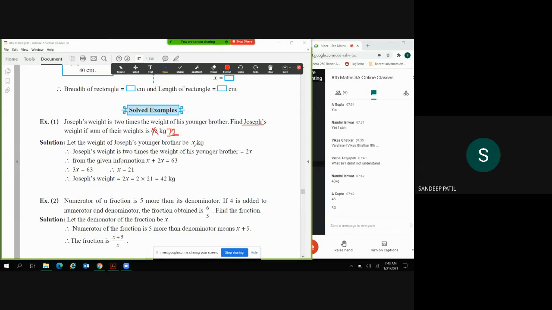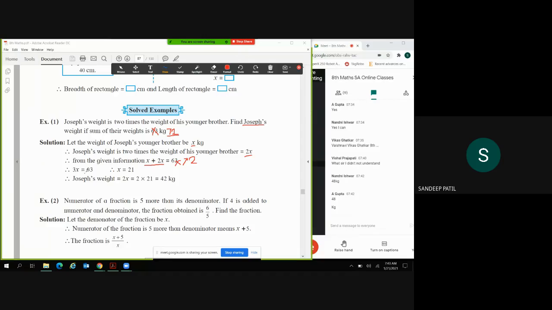So it is similar, like x and 2x, and we know that x plus 2x is 63. Instead of 63 we are putting 72, right?